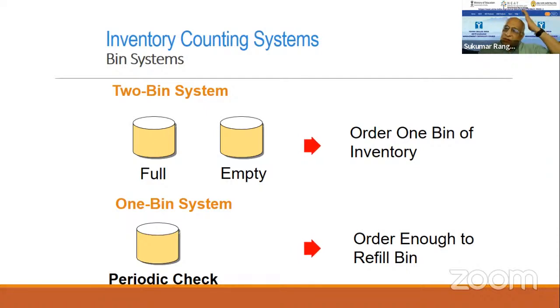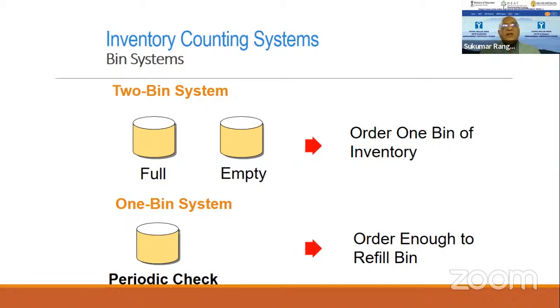Usually it is called a goods receipt note, or GRN. And only then it gets reflected in the system as inventory available for use. Till then, even this process inside the organization takes that much time.